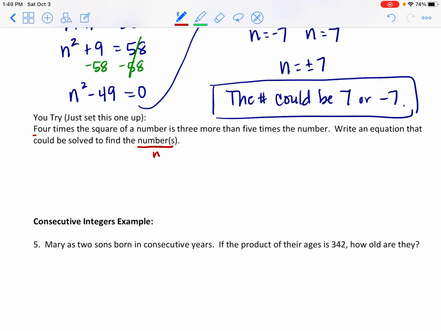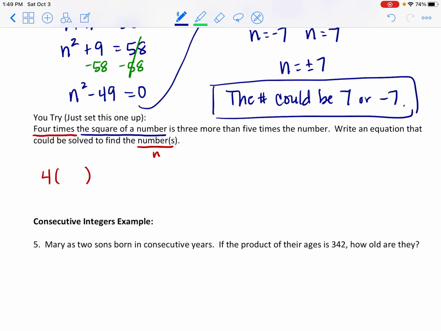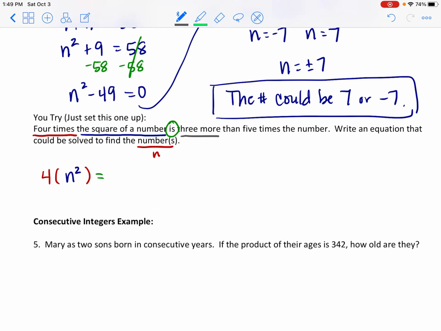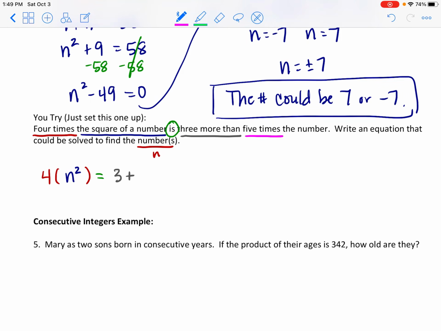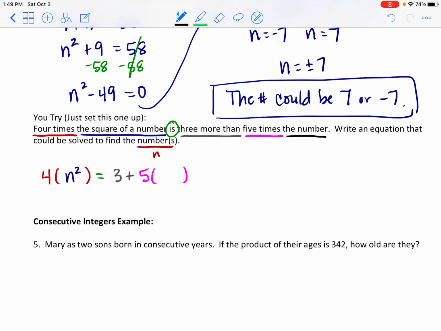So it says 4 times, 4 is going to be multiplied by something, and it's being multiplied by the square of the number, so n squared, and there's my equal sign, my "is", and then we have 3 more than, that's 3 plus, or plus 3, and then 5 times, 5 multiplied by, and lastly, running out of colors, my number. 5 times my number, 5n.